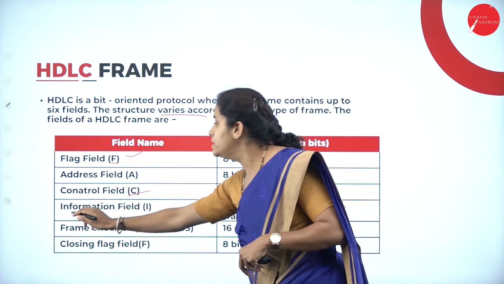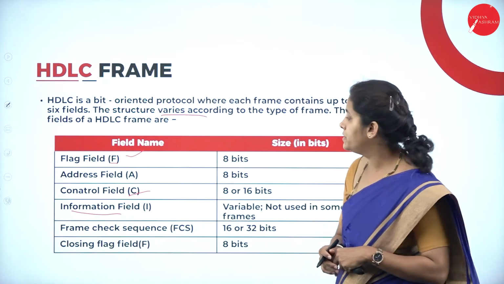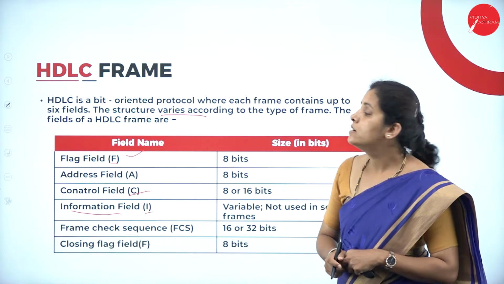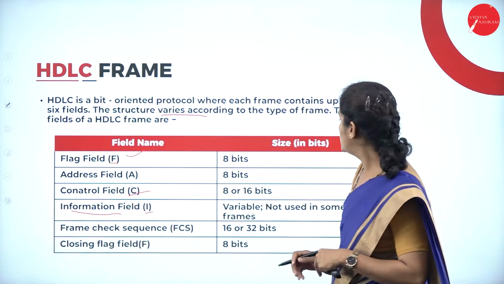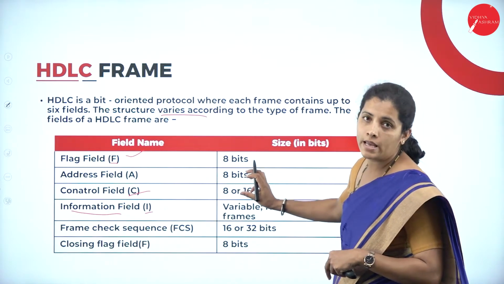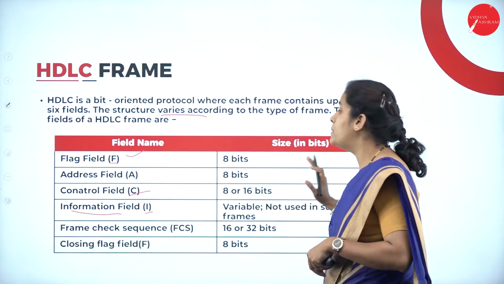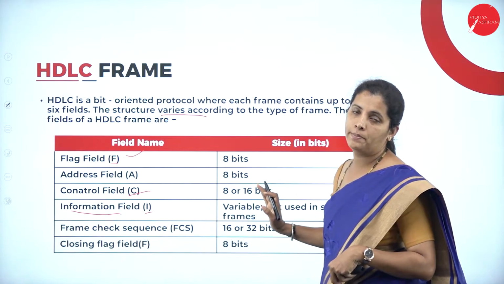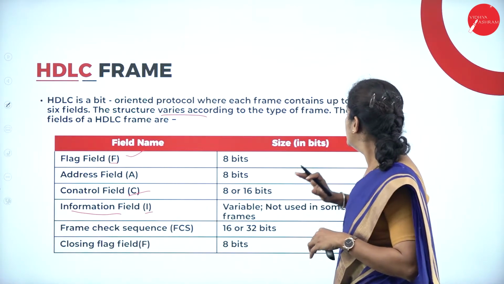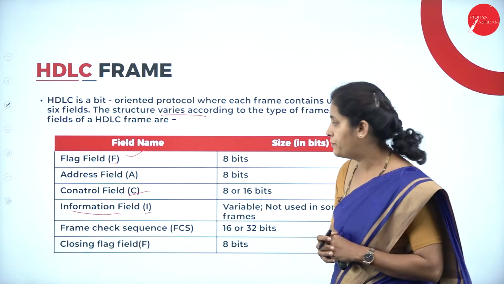The next field is the information field, represented by the letter I. It is variable in length and it is not used in some frames.